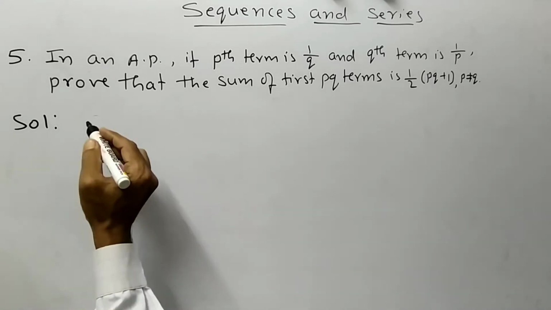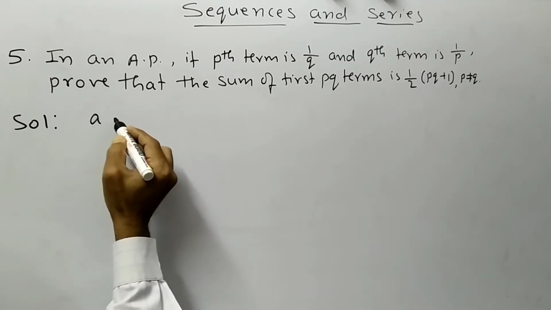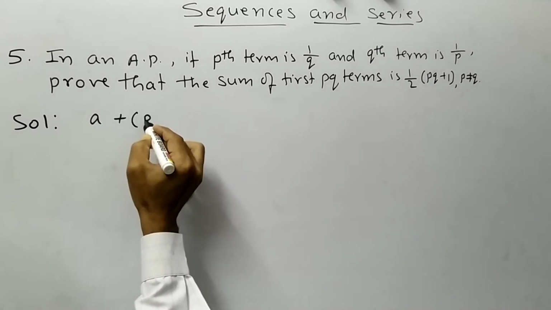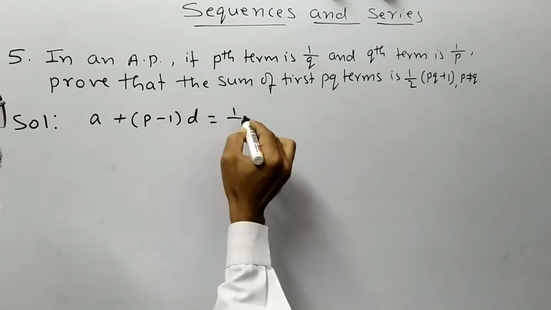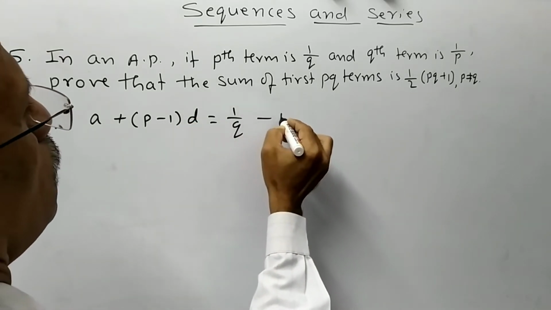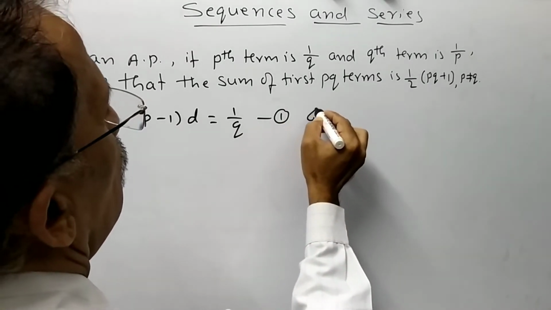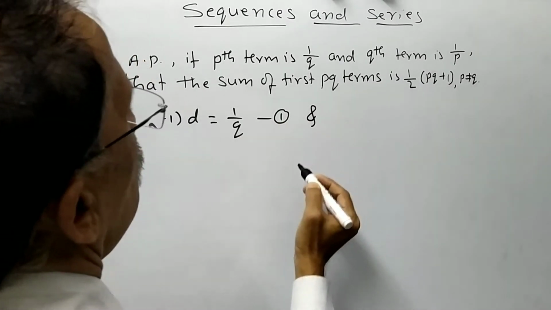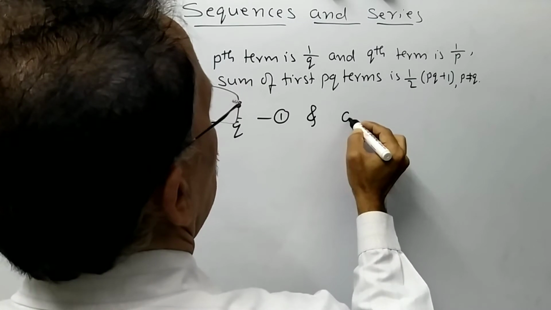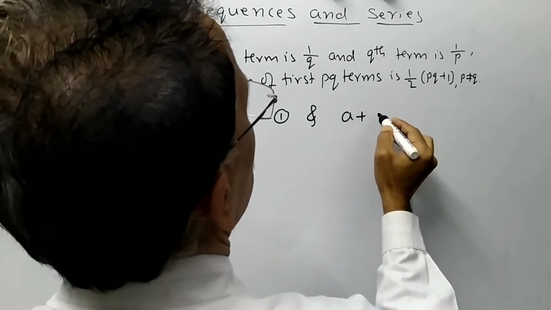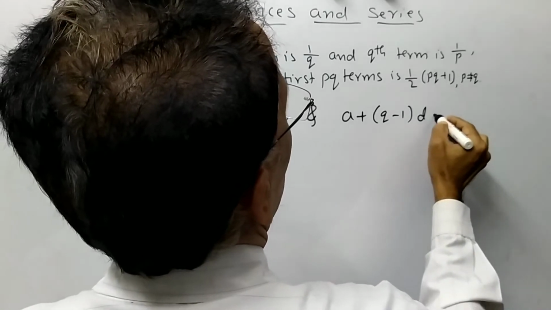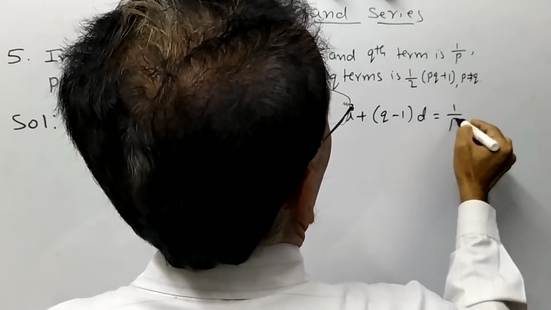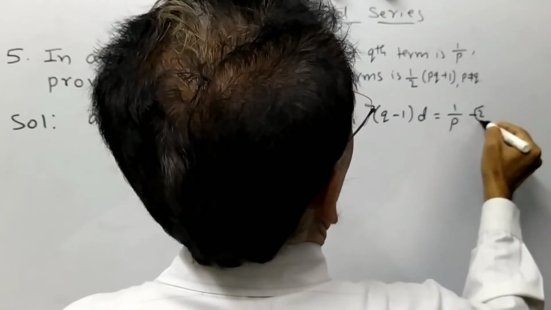According to the problem, a plus p minus 1 into d is equal to 1 by q, say number 1, and a plus q minus 1 into d is equal to 1 by p, say number 2.